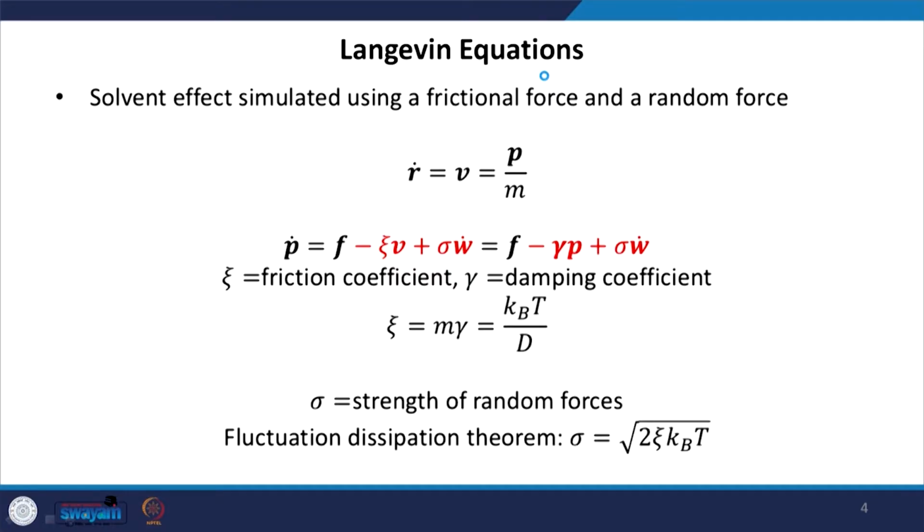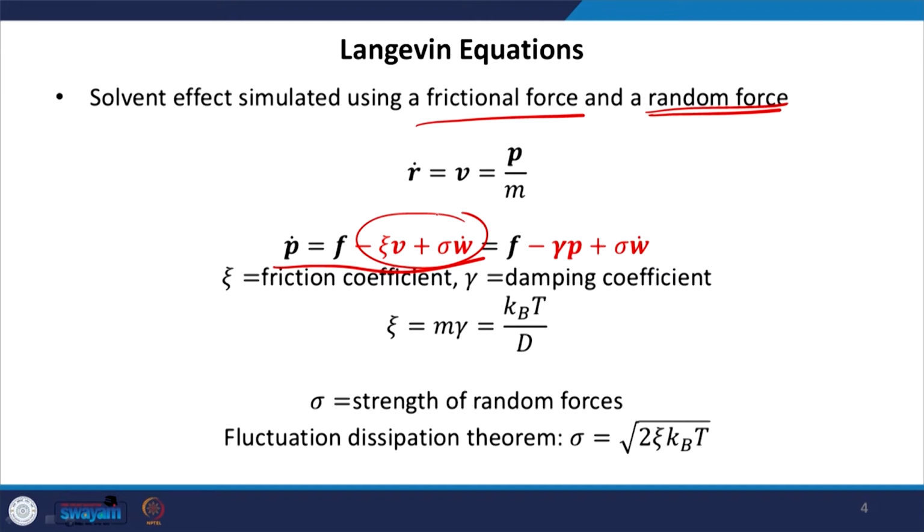So, the first method in this category is the Langevin equation, where we pretty much remove all the solvent from the system, and we simulate the effect of solvent by adding 2 forces in the equation of motion. One is a frictional force or a drag force, and the other is a random force or the thermal energy of the system. And these forces appear in the P dot equation as the red terms in here.